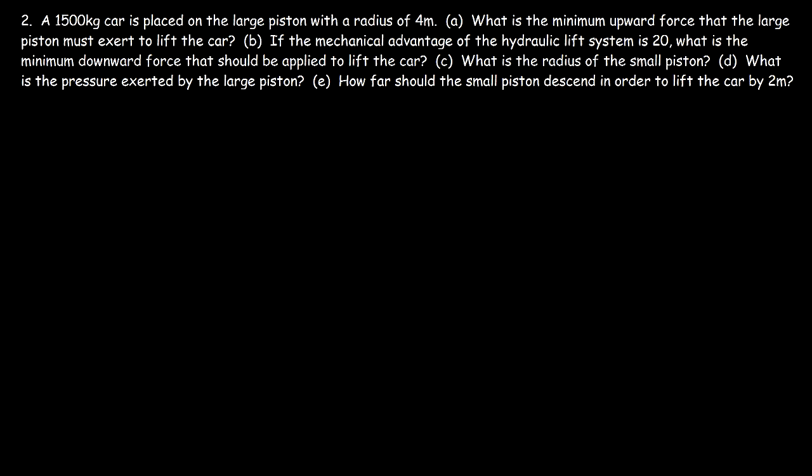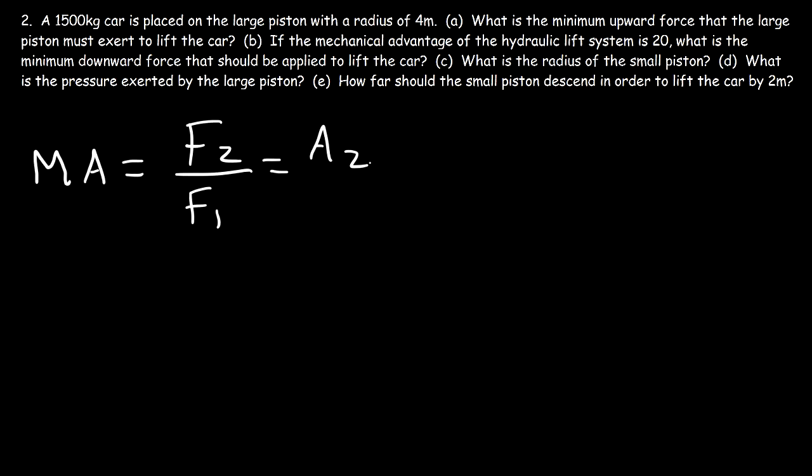So now let's review some formulas that you want to keep in mind when dealing with the hydraulic lift system. The first thing is the mechanical advantage is the ratio between the output force and the input force. And it's also the ratio between the area of the large piston and the small piston. And it's the ratio of the distance that you have to push down the small piston by the large piston.